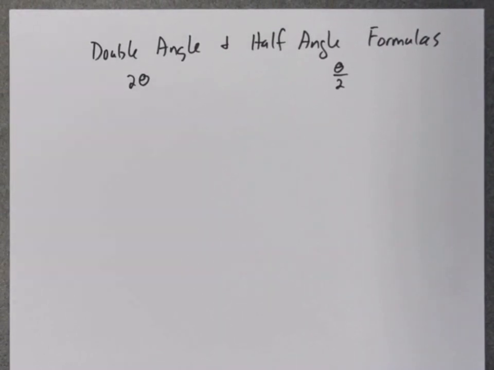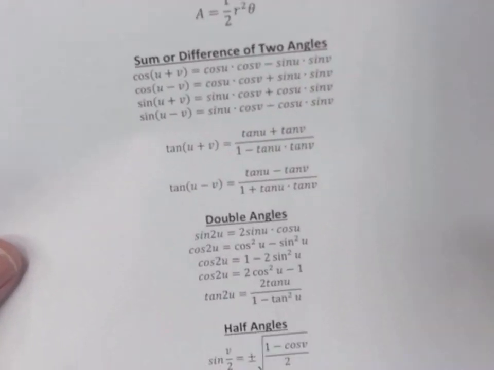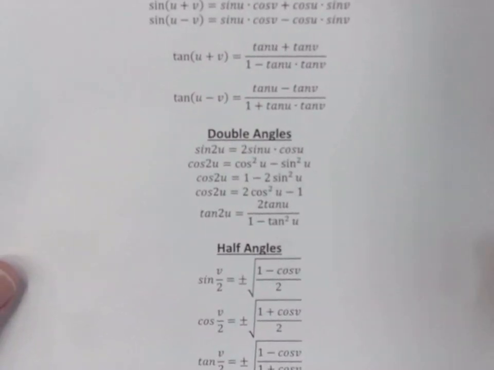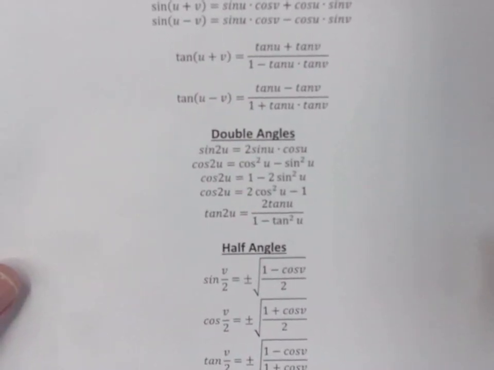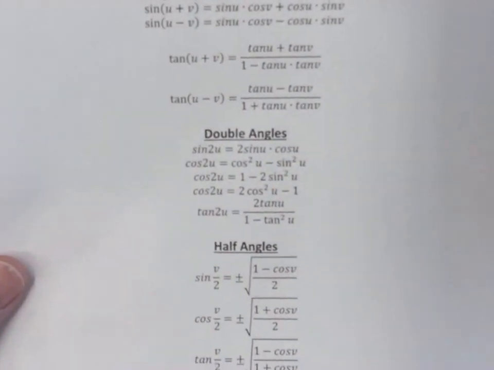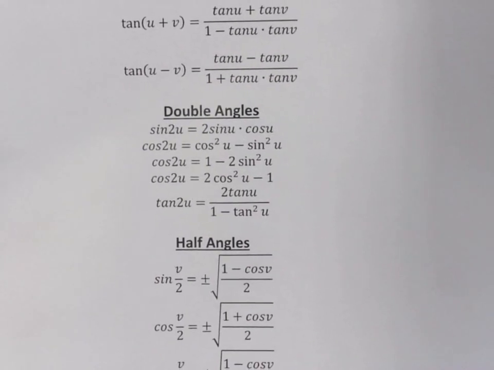Now if we go back to the formula sheet, the same one where we use sum and difference of 2 angles, further down we have a section labeled double angles. Once again, for this little formula sheet, they call the angles u.